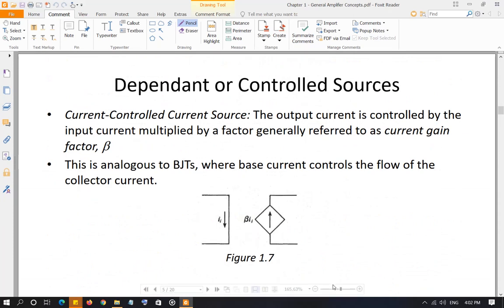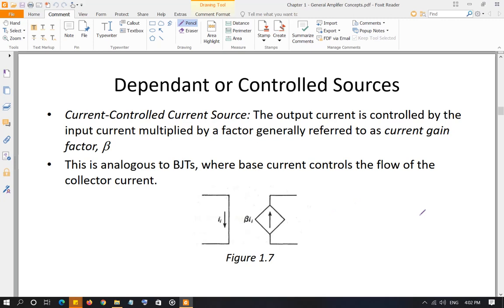And the final one is the current controlled current source. Again, the current of the source is dependent on some other current flowing in the circuit, and it is similar to a BJT, bipolar junction transistor, because the collector current depends upon the base current multiplied by the current amplification ratio, which is beta.